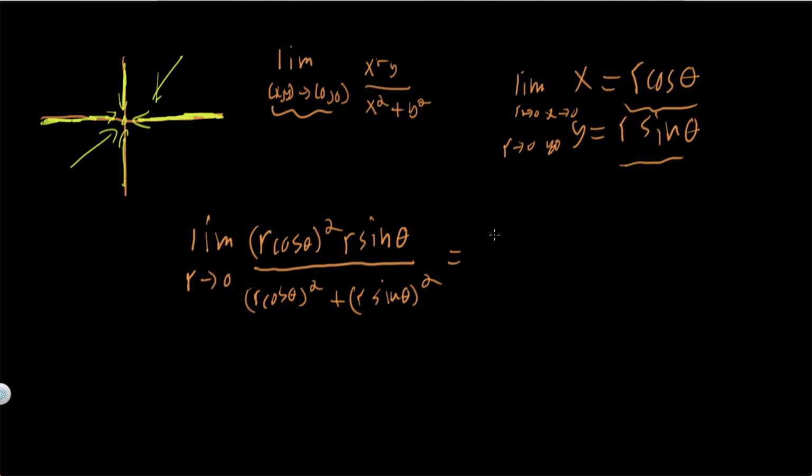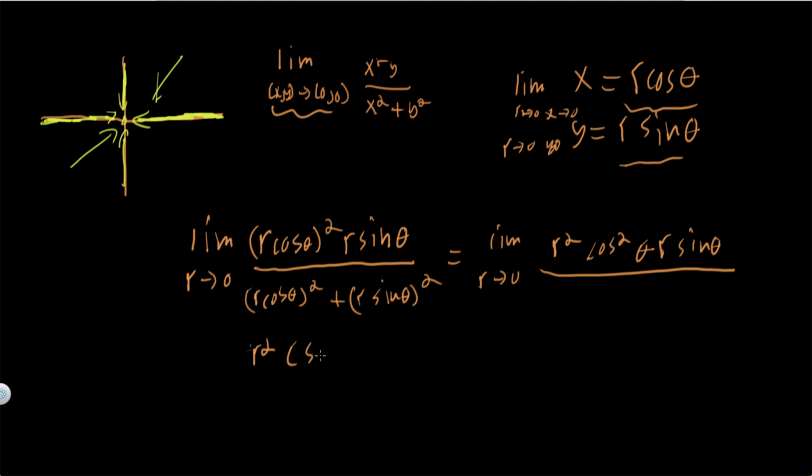This is equal to the limit as r goes to 0 of r squared cosine squared theta times r sine theta, over, from here we can factor out an r squared, so this becomes r squared times (sine squared theta plus cosine squared theta), and we know that this is a famous trig identity which equals 1, so we can rewrite this whole bottom as just r squared.